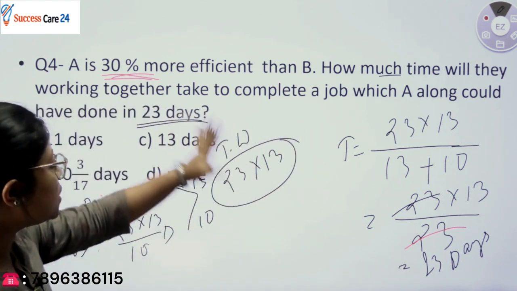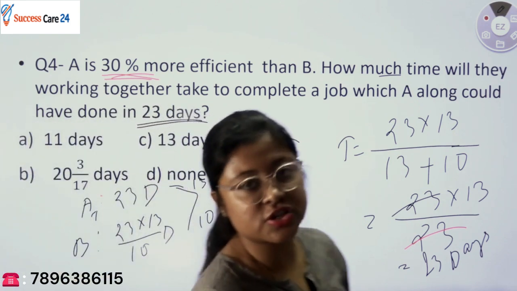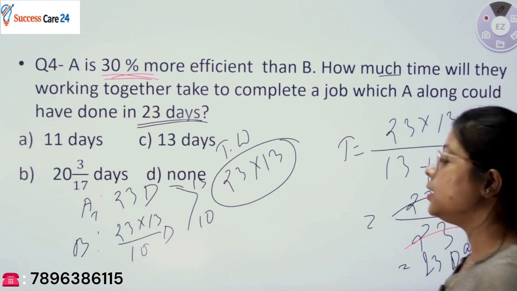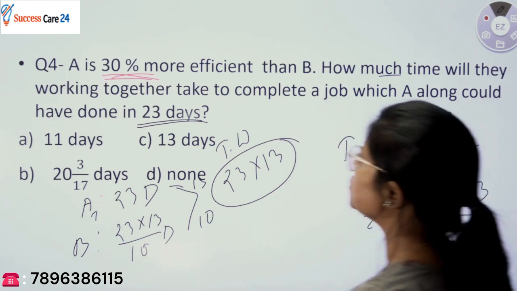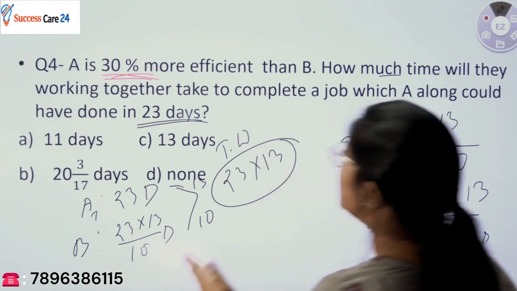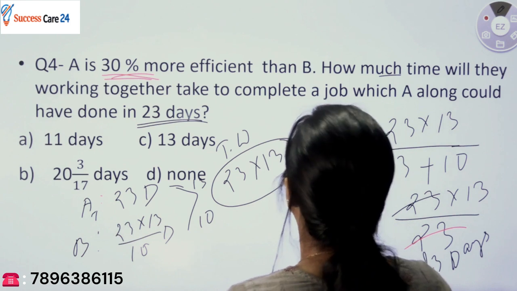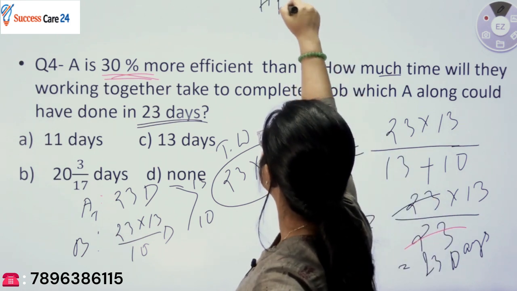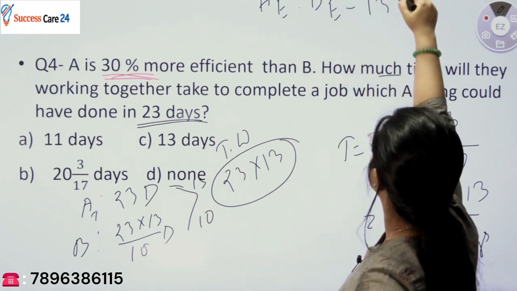So this is the whole procedure to solve this question. First you are given only the ratios of efficiencies of A and B, not the actual efficiencies, as A is 30% more efficient than B. From there we calculated the ratio of efficiency as 13 and 10.